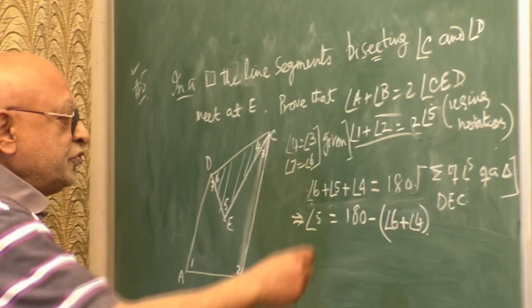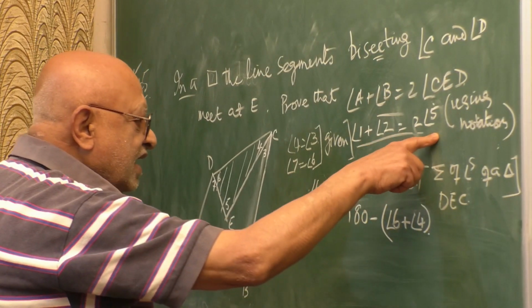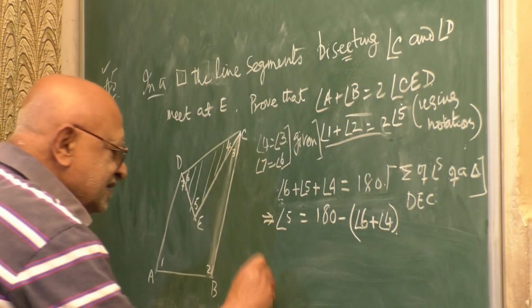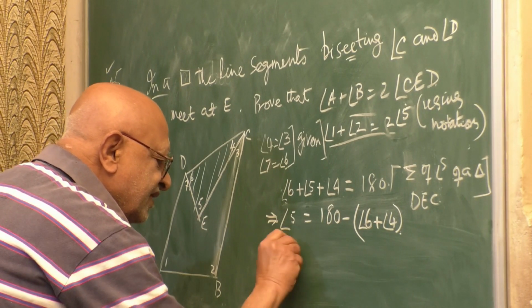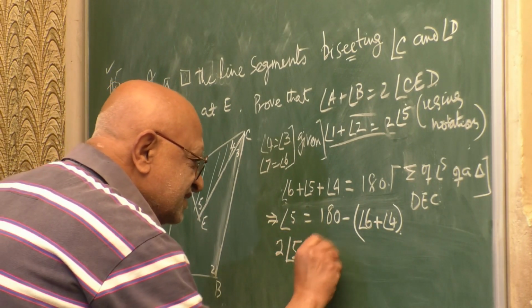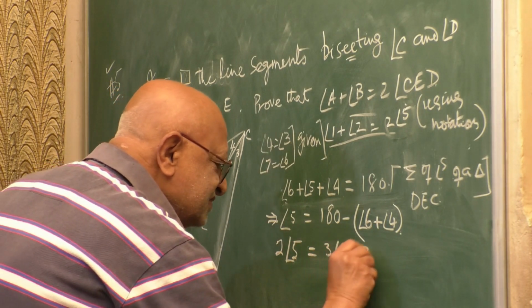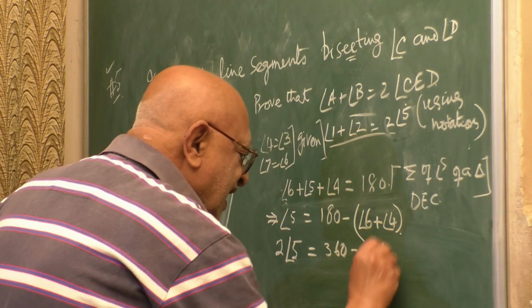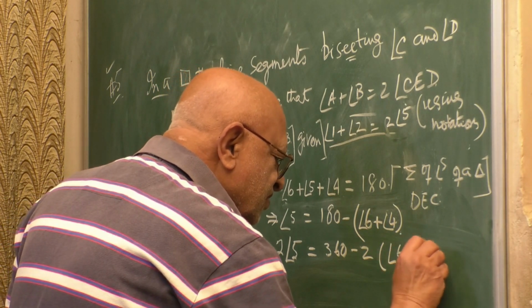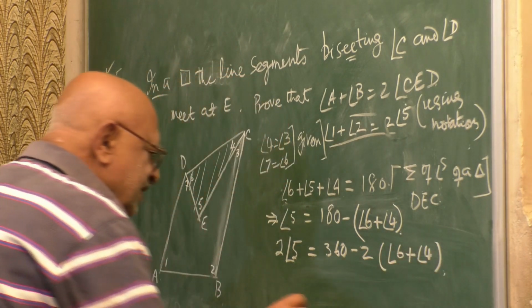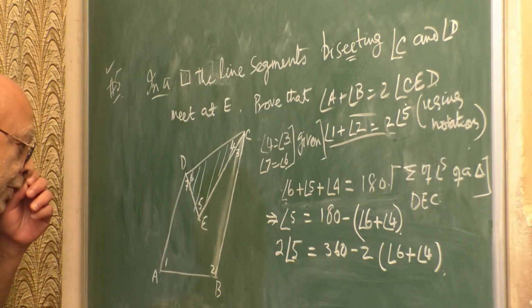Now I have got 2 into angle 5 that I have to prove. Let me multiply this by 2. So 2 into angle 5 is equal to 360 minus 2 into (angle 6 plus angle 4). There is no problem, only multiplication by 2 all the way.